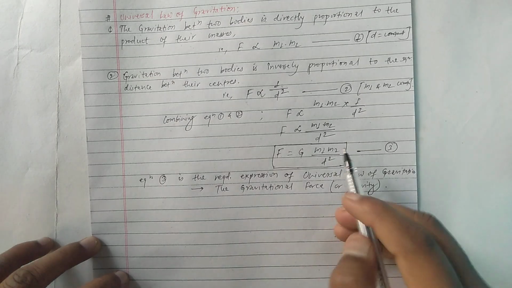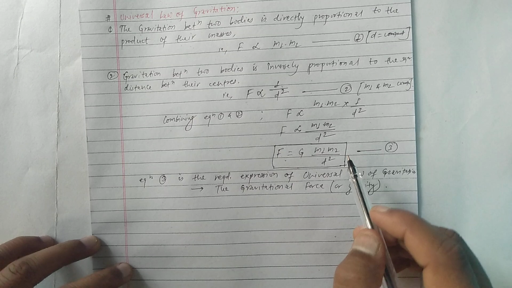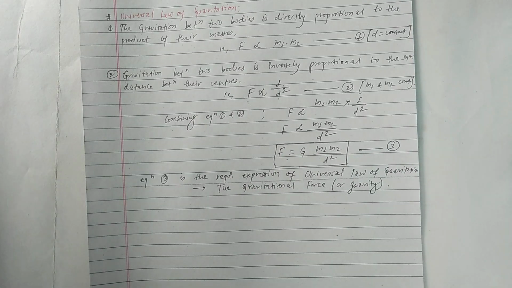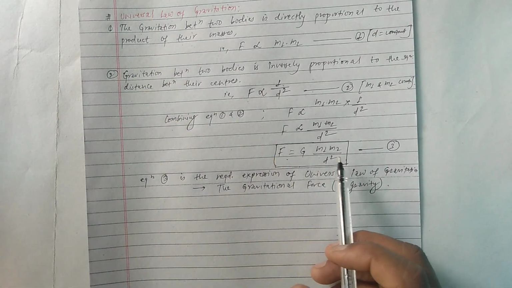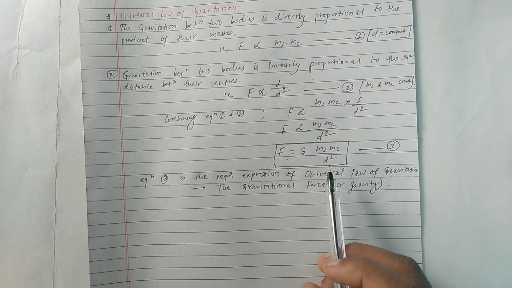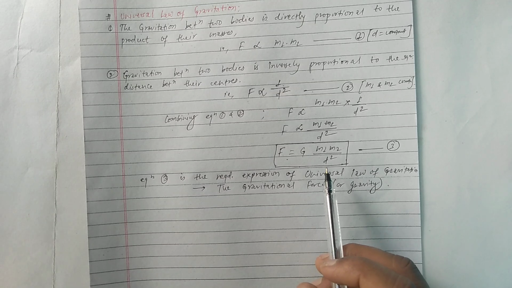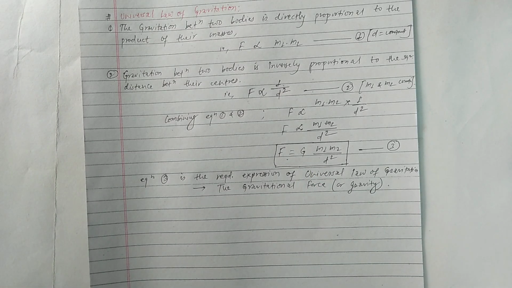Now we have this basic formula, F equal to G m1 into m2 by d square. With the help of this formula, we can calculate the gravitational force between two bodies. The bodies may be small objects, or huge masses like Mars, Moon, Sun, Earth. So let's do some numericals regarding this.